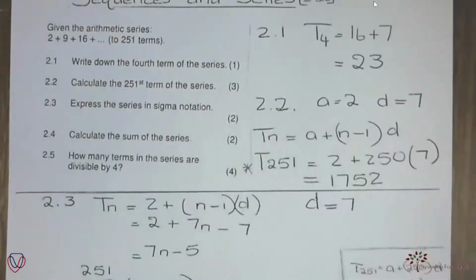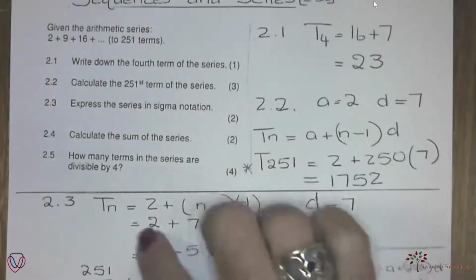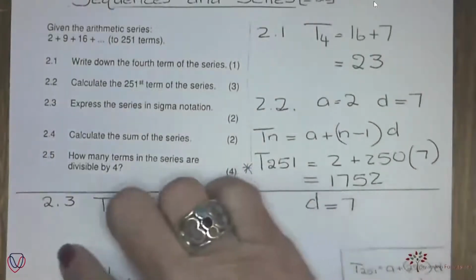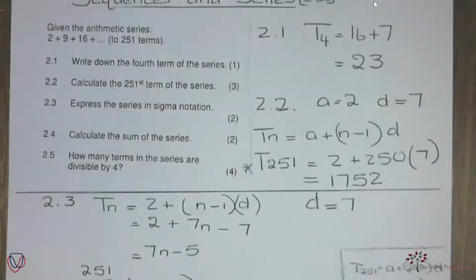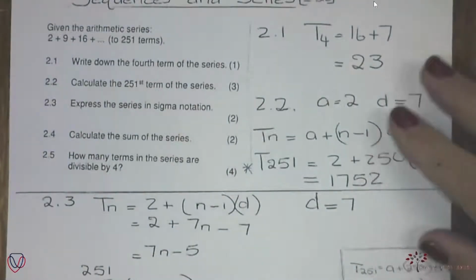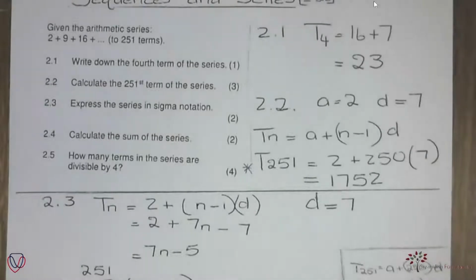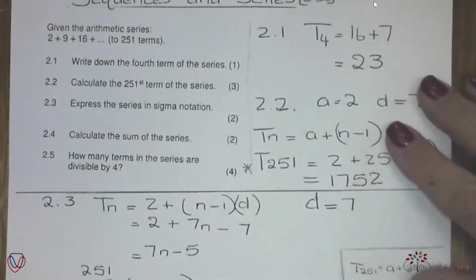And next to the sigma, you only write 7n minus 5. What does this sigma actually mean to you? It means it's a formula for the sum of a series. We will get to something like that also. If they ask you to determine sigma, then you're going to determine the sum of this formula or this series.